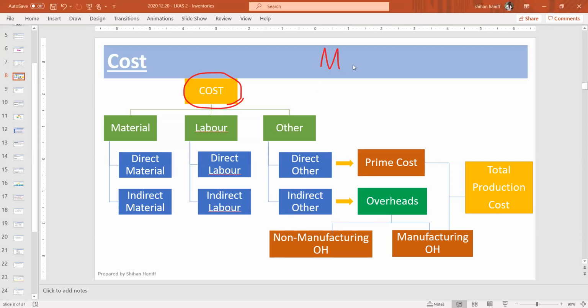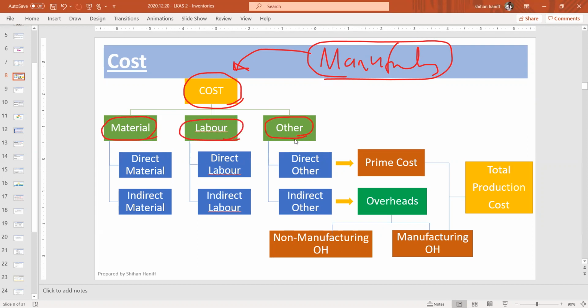So in manufacturing accounts, the main objective is to calculate the cost. When it comes to the cost, we divide the cost as material, labor, and all other costs.